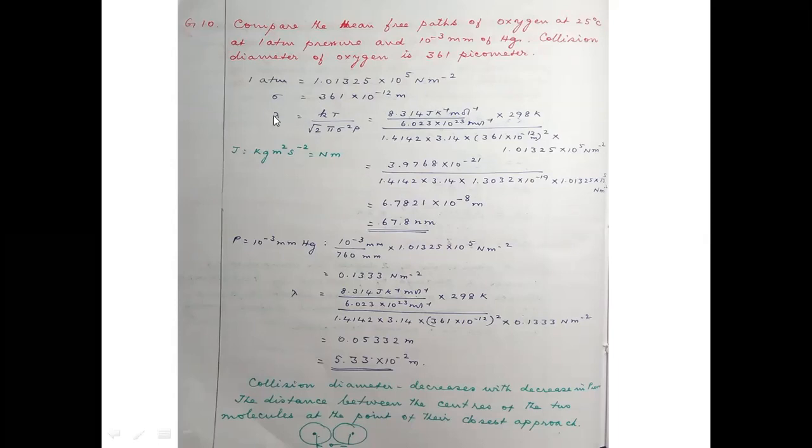So lambda, the mean free path, is equal to kT divided by root 2 pi sigma square P.